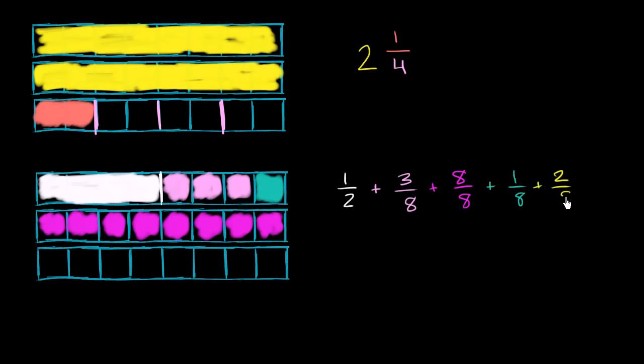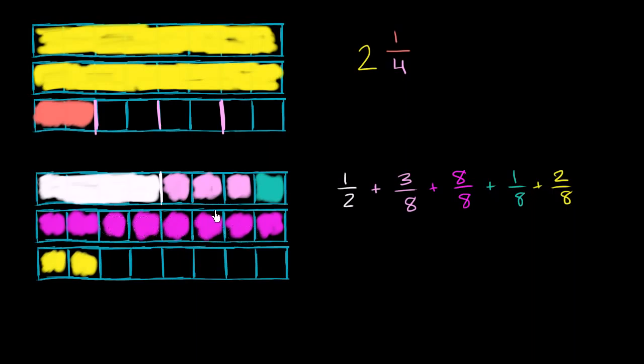Plus 2/8. Well, this is an eighths right over here, so 2/8 is going to be 2 of these. And notice that 2/8 is the same thing as 1/4. If you took this 1/4 and split it into 2, so you have two times as many pieces, it becomes 2/8. 1 times 2 is 2, 4 times 2 is 8. So that 1/4 is the same thing as 2/8.